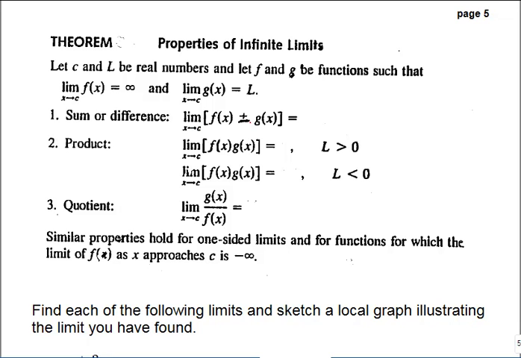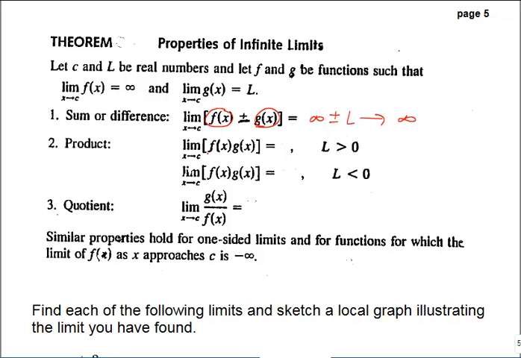The limit of a sum or difference is the sum or difference of the limits. So the limit of just the f is infinity, and the limit of just the g is that L. So what do you think is going to happen if we have something that's going to infinity plus or minus a constant L? Well, that's going to stay infinite. Okay, so if one of these is infinite, then the sum or difference is going to stay infinite.